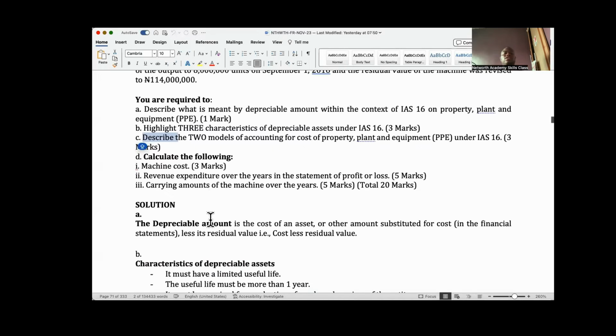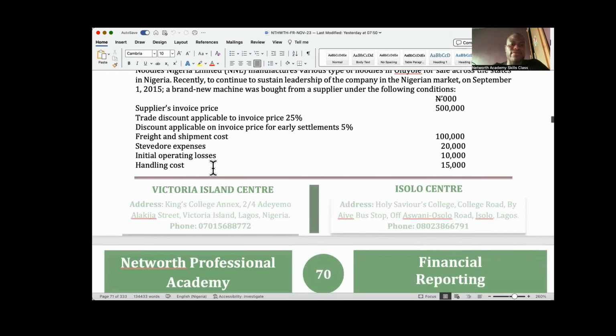So the next one is now saying that we should calculate the following. The first thing they ask us to calculate is machine costs. And how do we determine machine cost? It's just the initial cost. So it is now time for you to participate.